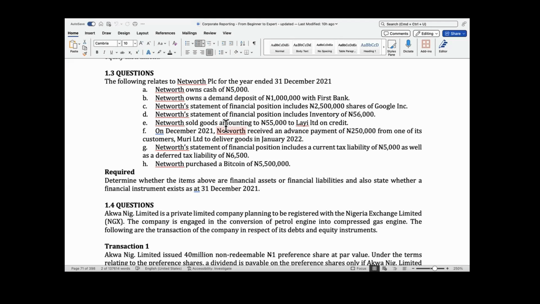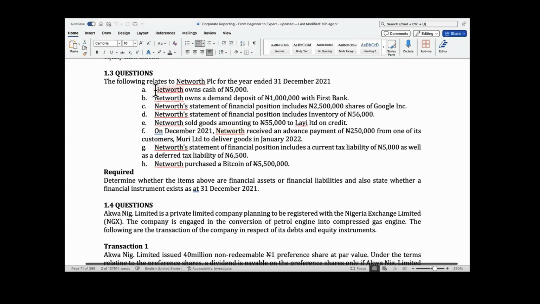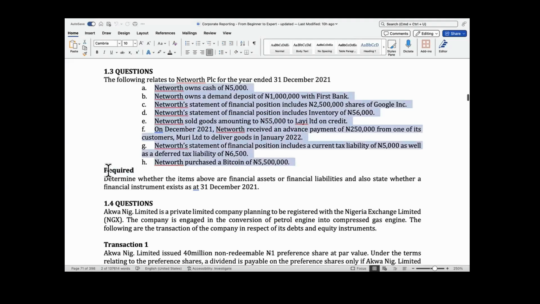Okay, good. So let's start solving our questions. It states here that the following relates to Networks PLC for the year ended 31st December 2021. So they give us all these transactions.